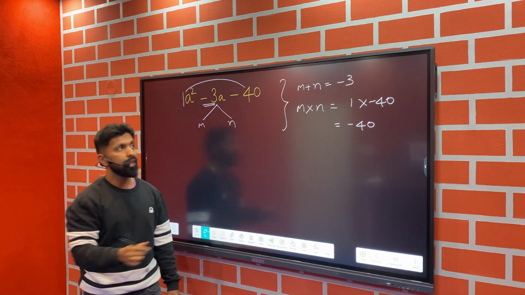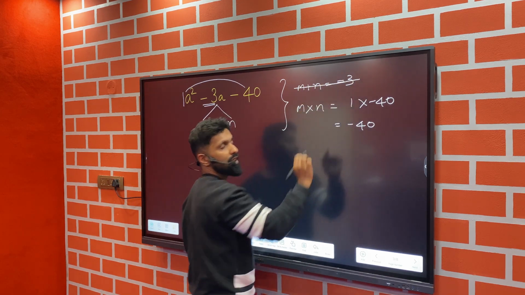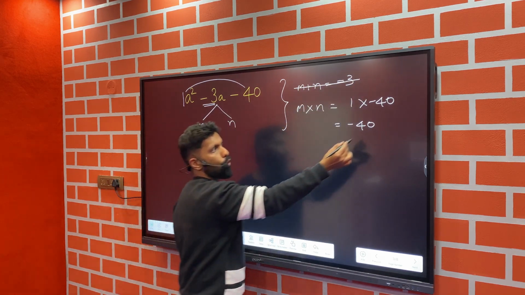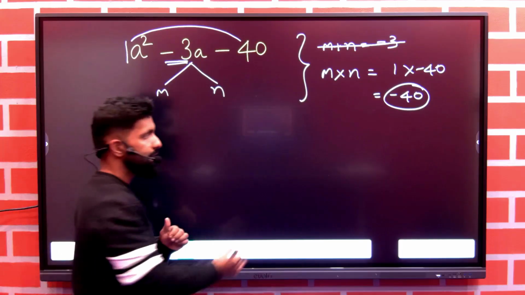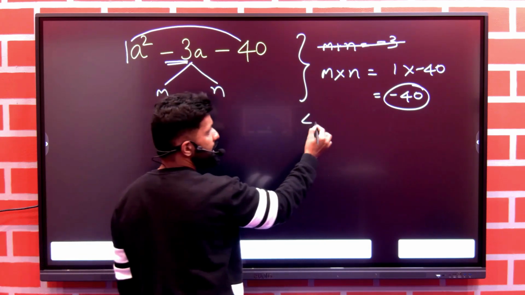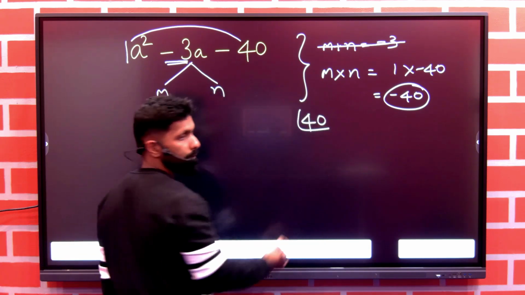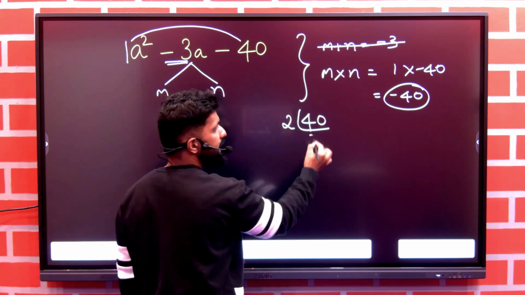Remember, guys, for some time we are going to ignore this. I am only going to take 40, and keep the minus sign in your mind. Just start finding the factors for 40. Now, 2 20s are 40.